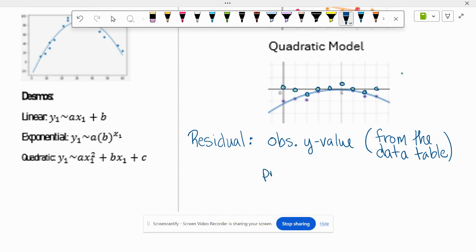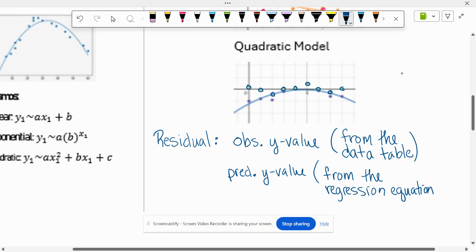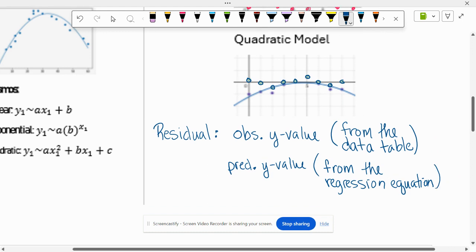Your predicted y value, where does that come from? What did you say, Violet? Yeah, it comes from the regression model. Good job. It comes from the regression equation, whatever that equation is that you get when you do the regression, right? That's where your predicted y value comes from. Sometimes you just need to write that down to get your brain straight, right? So you know how to find them.